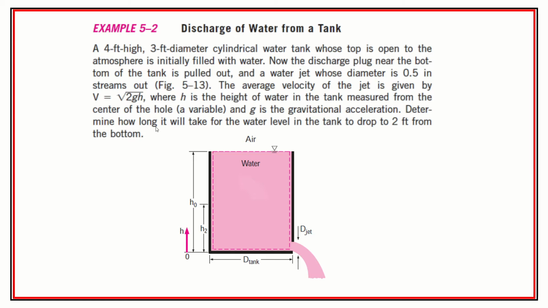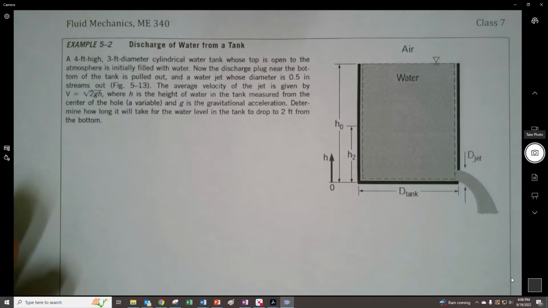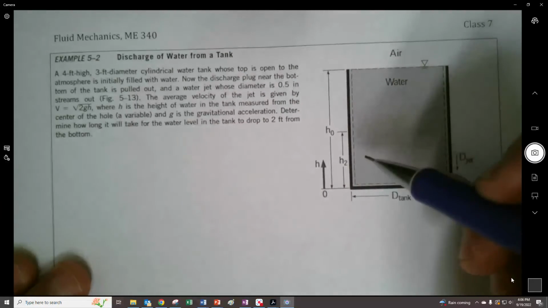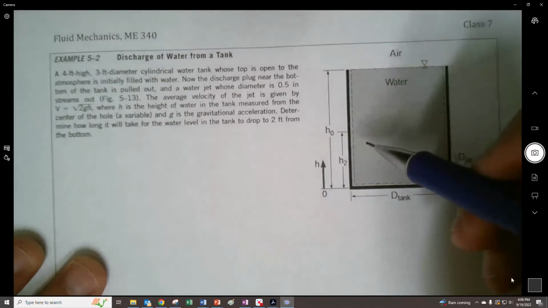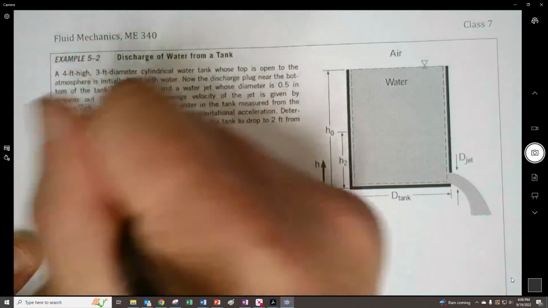We want to determine how long it will take for the water level to go from the 4 feet high that it starts at to the 2 feet. So this one is a Reynolds transport theorem applied to conservation of mass, right? Conservation of mass, COM.